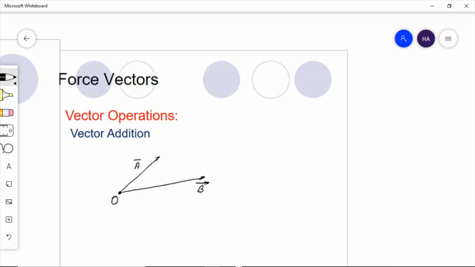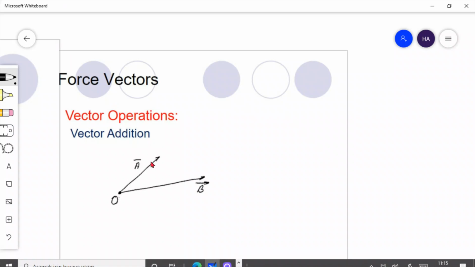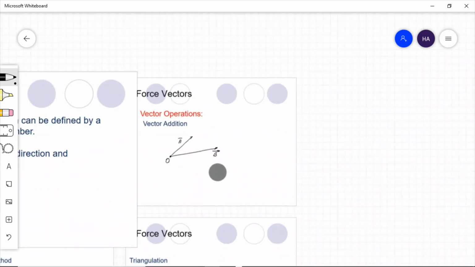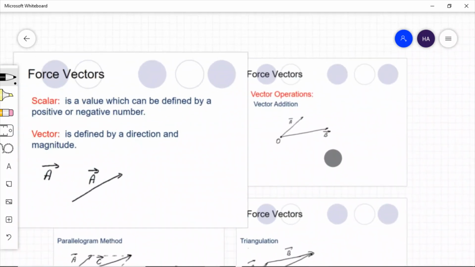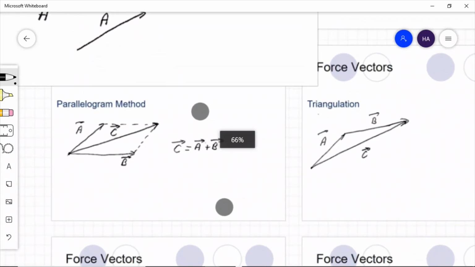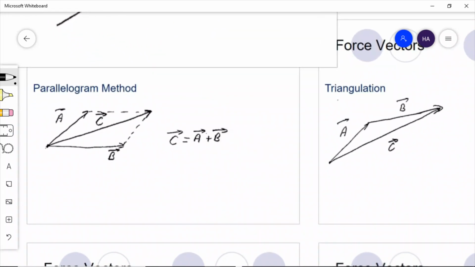Okay, what we do is very simple. Basically, we put the beginning of the two vectors at a point, and we just draw the vectors. So this is the first step. There are two approaches that we use.